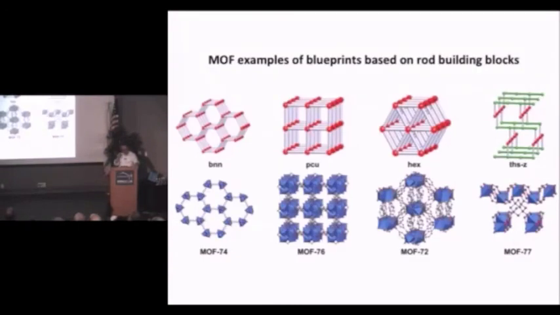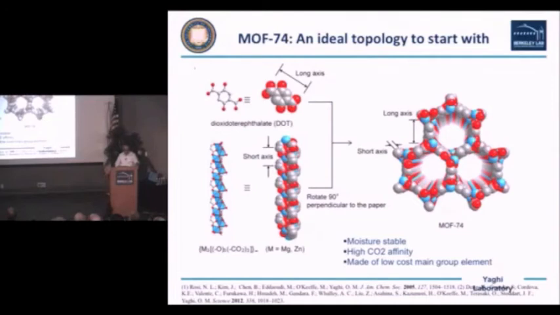Well, we made some of these rod-based structures, and I want to focus on one of them, which is the hexagonal arrangement of metal oxides linked by organic, and that's MOF-74. We reported it in 2005. In MOF-74, you have a rod of metal oxide.